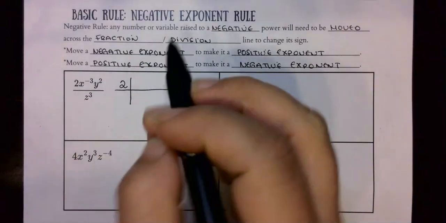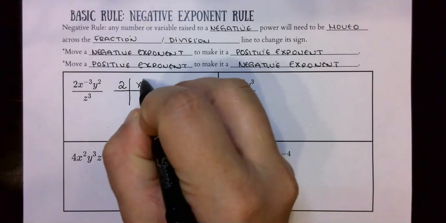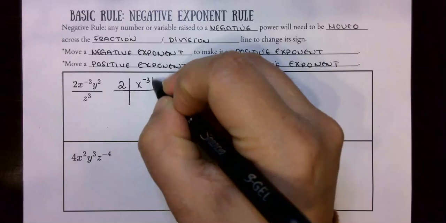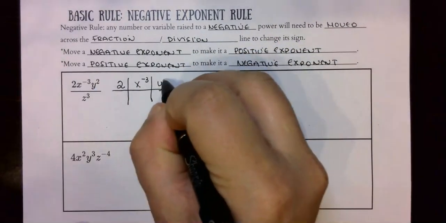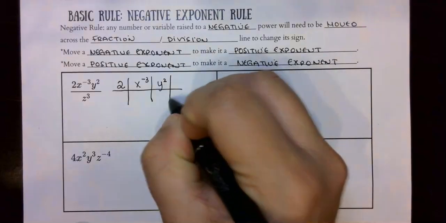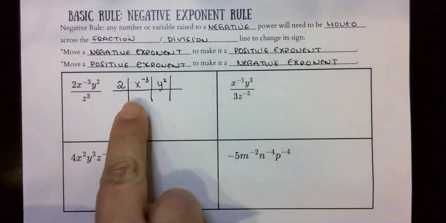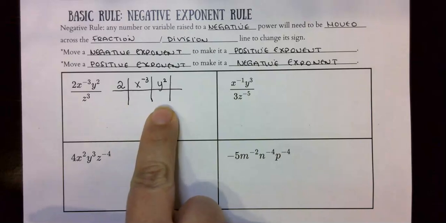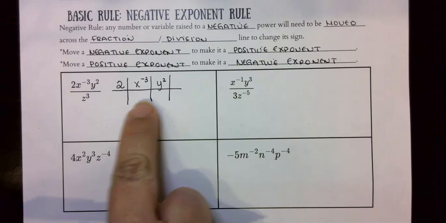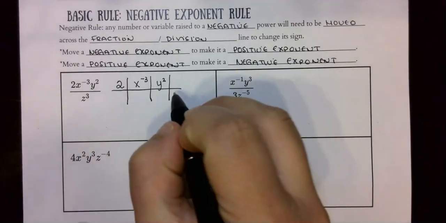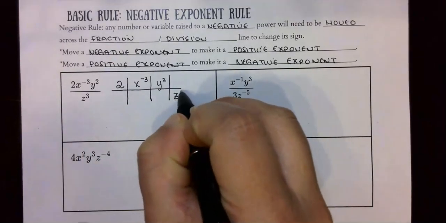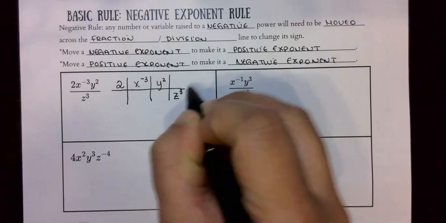I only have one x, so we're going to say x to the negative 3, separate it. We have this y squared on top, separate it. And notice that at the bottom I don't have an x, I don't have a y, because if I did I would put them in the same column as the x and the y, but I do have the z. So I'm going to put it in its own column right there.